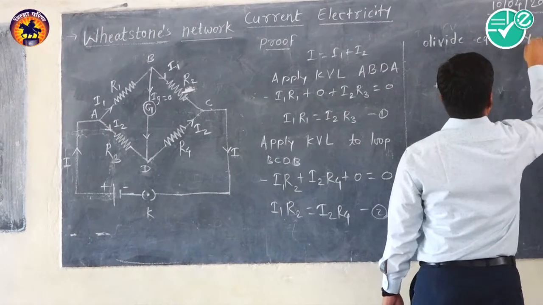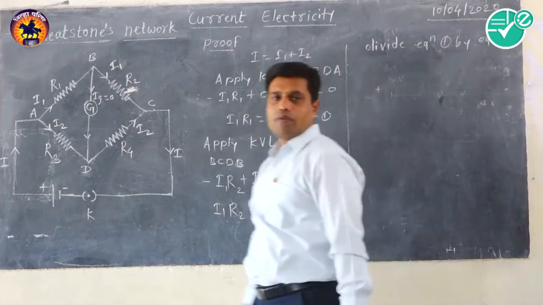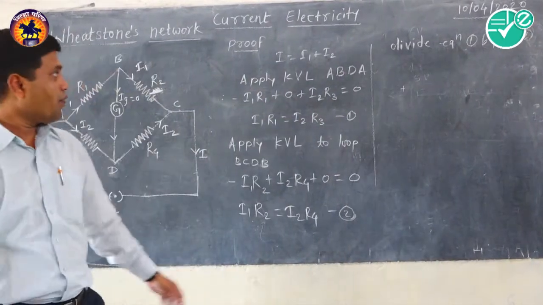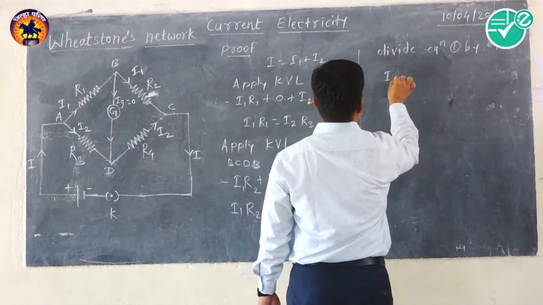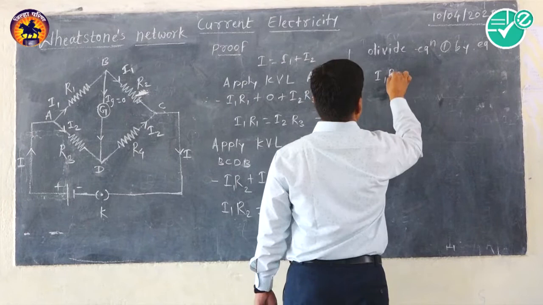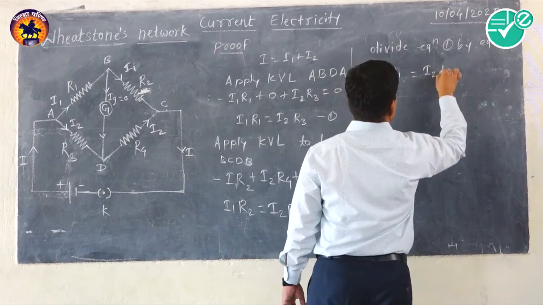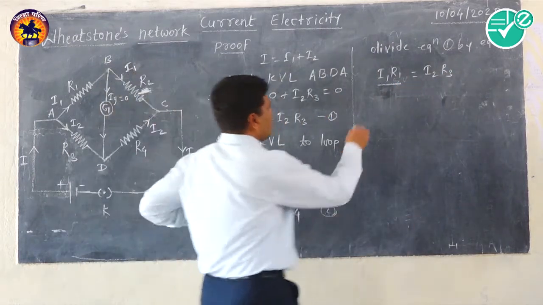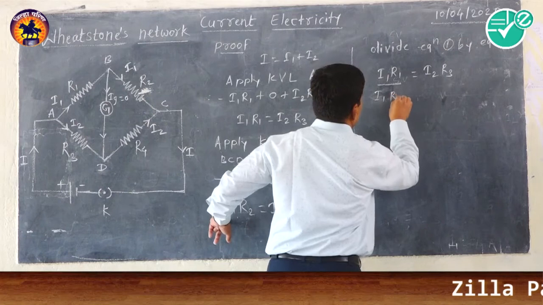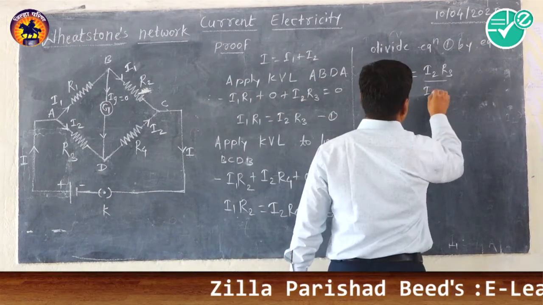Now here divide equation first by equation second. After division, you will get here the first equation, I1 R1 is equal to I2 R3, divided by the second equation, I1 R2 is equal to I2 R4.